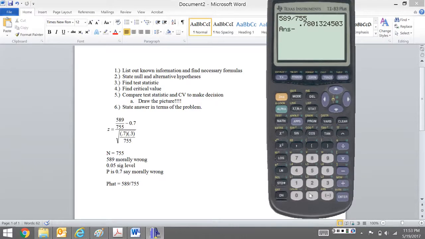I'm going to subtract this from 0.7, and I'm going to divide by the square root of 0.7 times 0.3, and then all this is divided by 755. And then in parentheses, I like lots of parentheses.